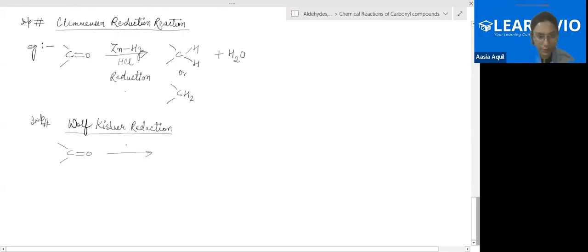You will add a strong base, that is KOH, potassium hydroxide, and it happens in the presence of hydrazine, NH2NH2, and acetone. So here the dehydration will occur, the loss of water will be there, and you will get an alkane. Got it?